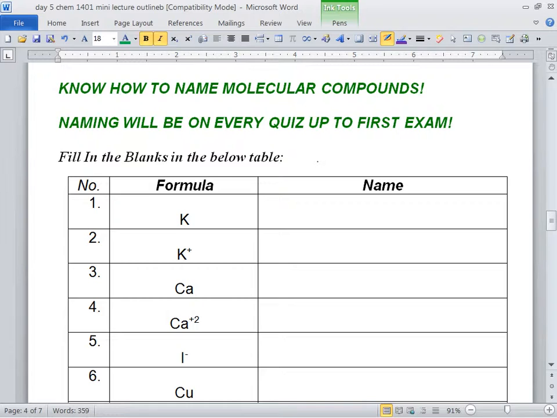Potassium has 2 S's. Yes, it's the same. There's no difference because it's in group 1. Yeah, group 1 and 2 have exactly the same name, because their charge has no choice. Yeah, it's exactly the same. Don't mess with it.